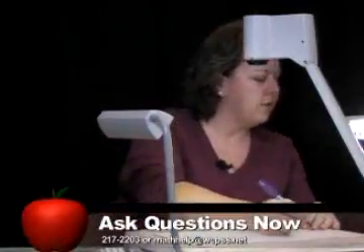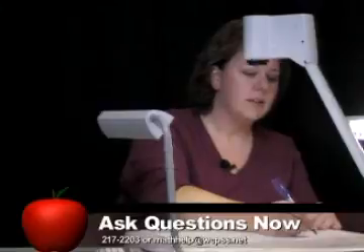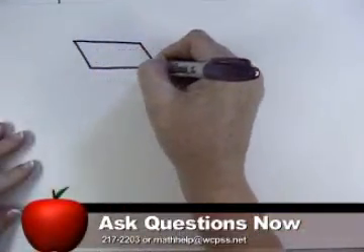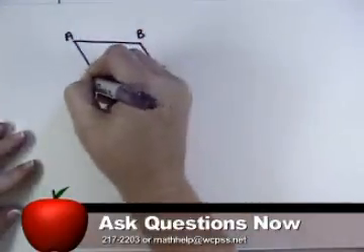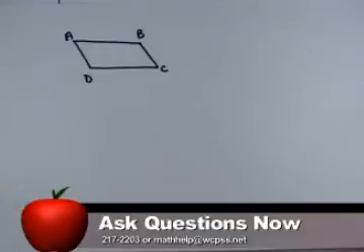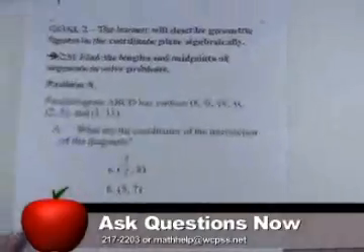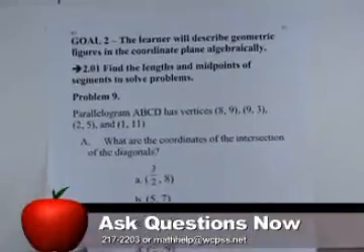Okay, so back to our parallelogram ABCD. It's asking us, what are the coordinates of the intersection of the diagonals?